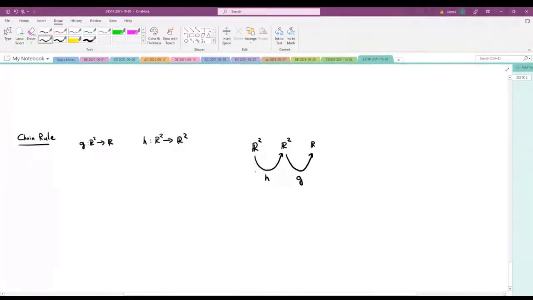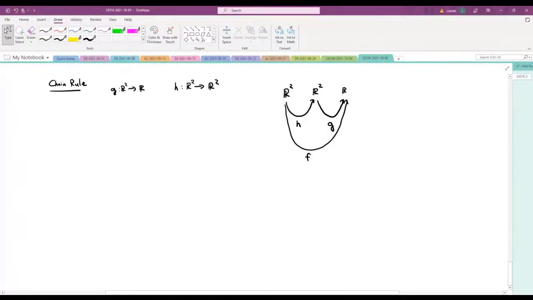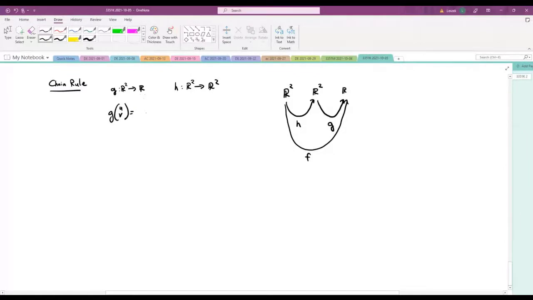And we're going to compose these two. We'll call it composition F. Maybe G is generic, I don't know. So G might be a function of u and v and return some number.